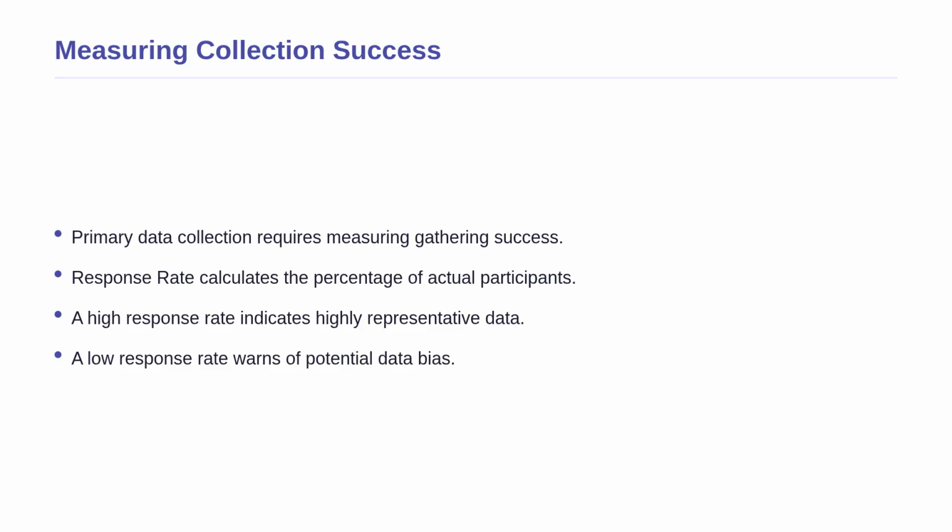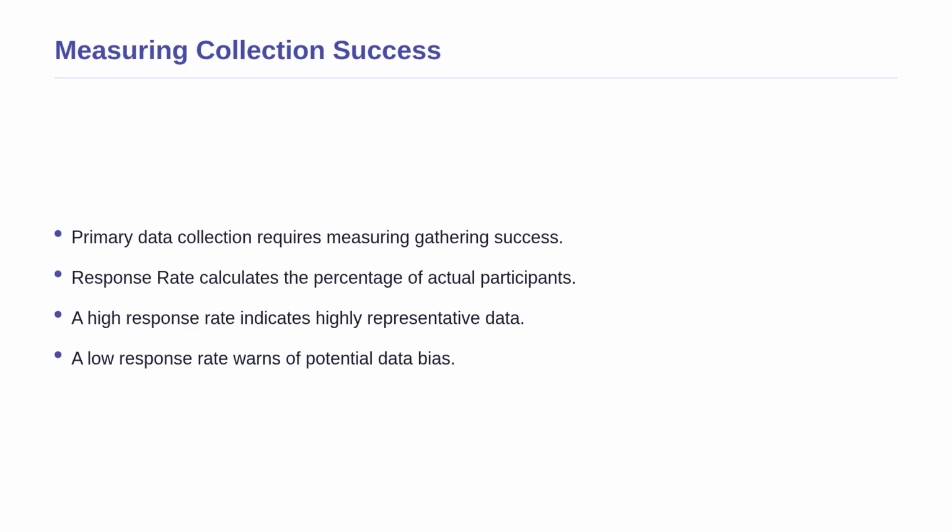Understanding the importance of quality leads us to a practical question. How do we know if our data collection was actually successful? When we collect primary data, especially through surveys or questionnaires, we need a mathematical way to measure our effort. We do this by calculating the response rate. This metric tells us the percentage of people who actually participated out of everyone we originally invited.